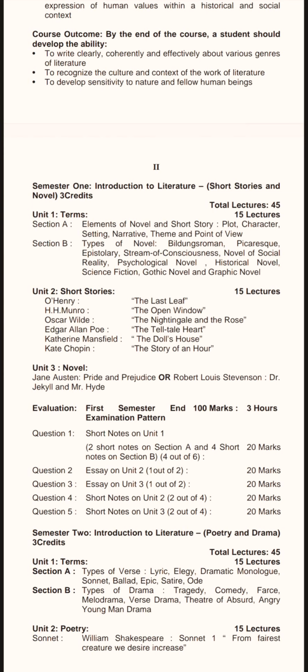Then there is the picaresque novel, which is a famous type. Examples are Don Quixote or Tom Jones by Henry Fielding. In picaresque novels, the hero or protagonist is always a rogue, and all kinds of hilarious things happen in them.